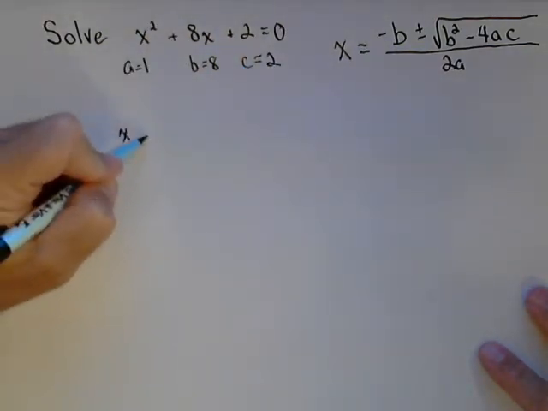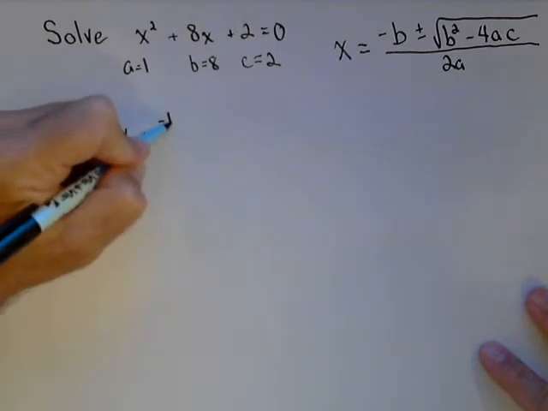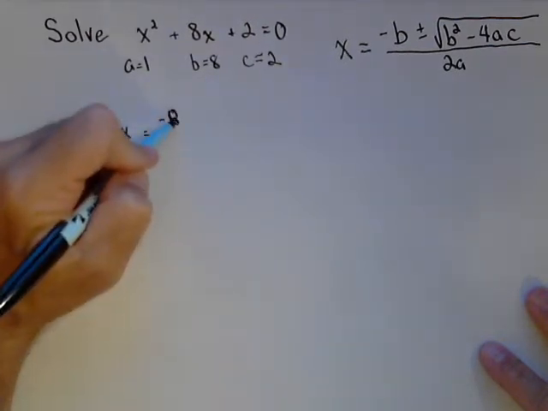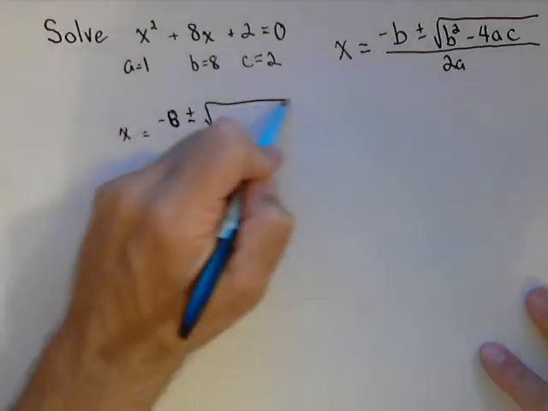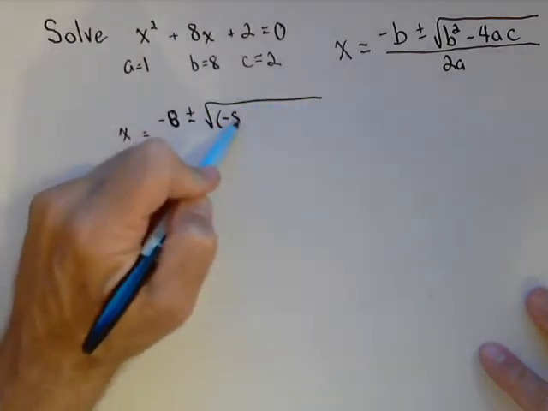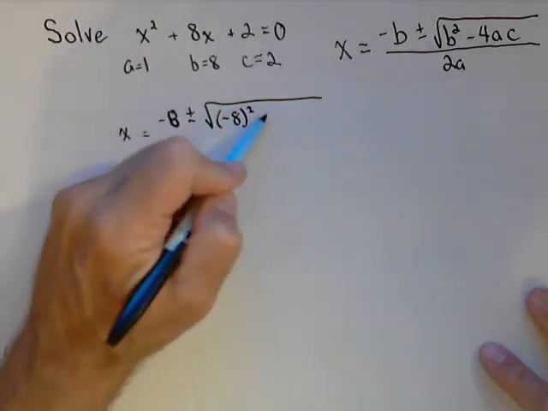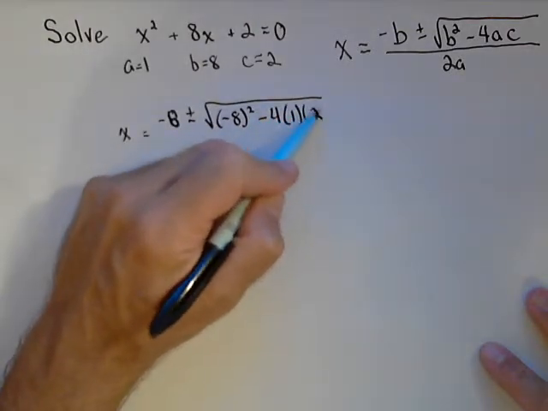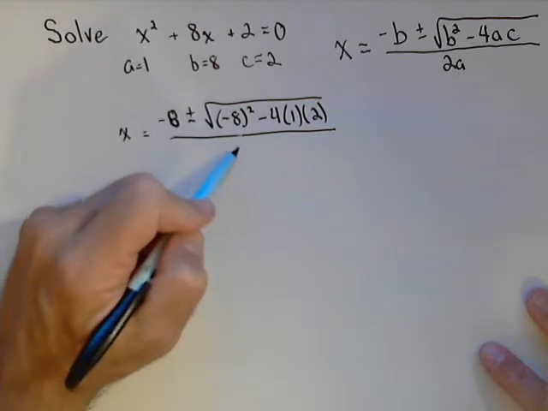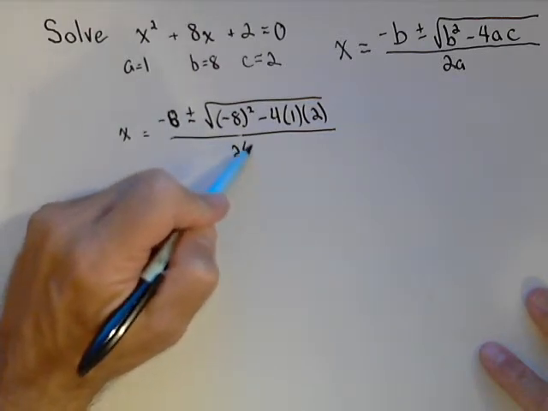So now x equals negative 8 for b, plus or minus the square root of negative 8 squared minus 4 times a, which is 1, times c, which was 2, all over 2 times 1.